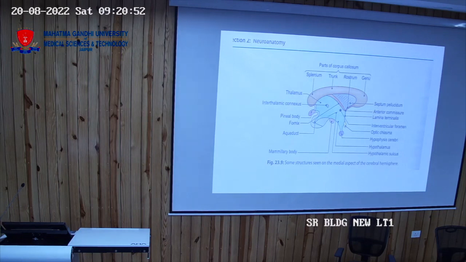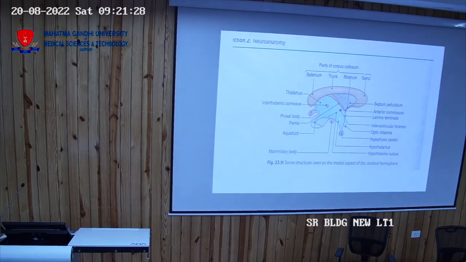Septum pellucidum, that is this part, it separates the lateral ventricles, this one, and the septum pellucidum above is continued with the corpus callosum, downward it is continued with the fornix, that is this one. Below the fornix you are seeing here, this is the part of the third ventricle. The third ventricle is not visible here. The reason is the lateral wall of the third ventricle is formed by the thalamus, and downward you are seeing this line, that is the sulcus between the two thalami.